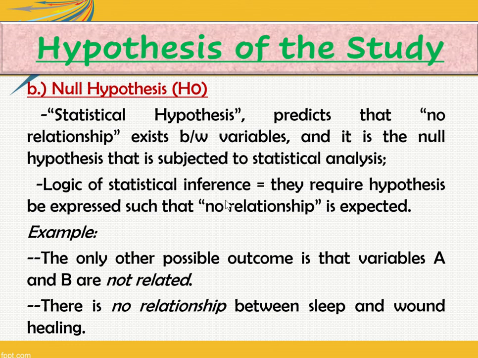So the logic of statistical inference is that they require hypotheses to be expressed such that no relationship is expected. Example natin, the only other possible outcome is that variables A and B are not related. So laging no relationship or not related. So there is no relationship between sleep and wound healing as another example.